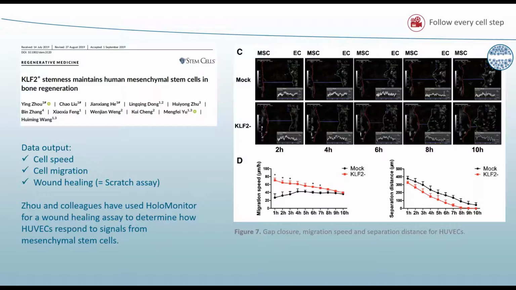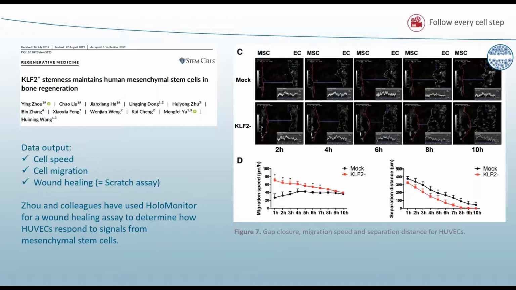If you follow the upper row towards the right, you can see that HUVEC cells are slowly moving towards the stem cells. In the bottom row of pictures, they have inhibited a factor called KLF2, which is implicated in pluripotency and proliferation and other cell processes. So they have inhibited or silenced that factor.